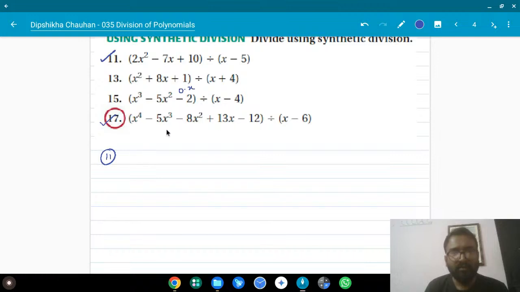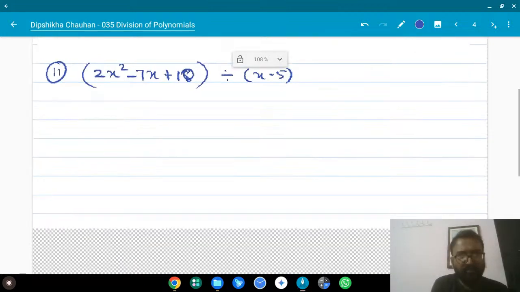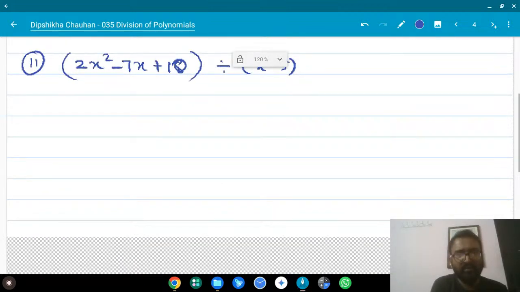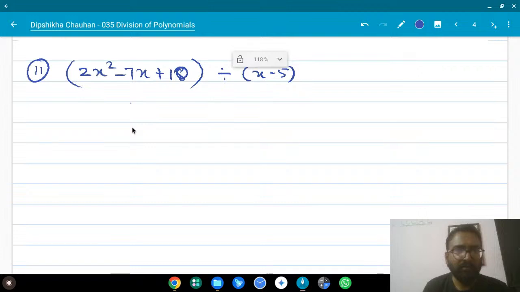So it is 2x square minus 7x plus 10 divided by x minus 5. So first the table is most important. Wherever it becomes 0, that is at x equals 5. You have to take x equals 5.